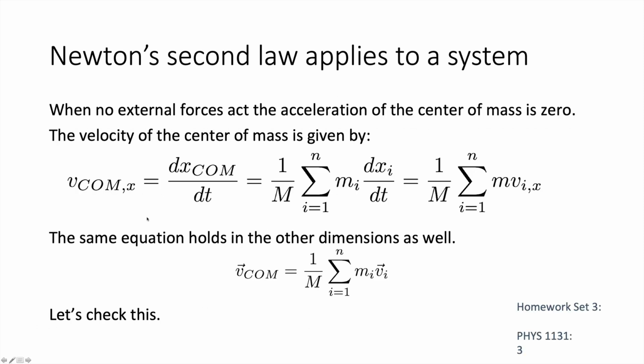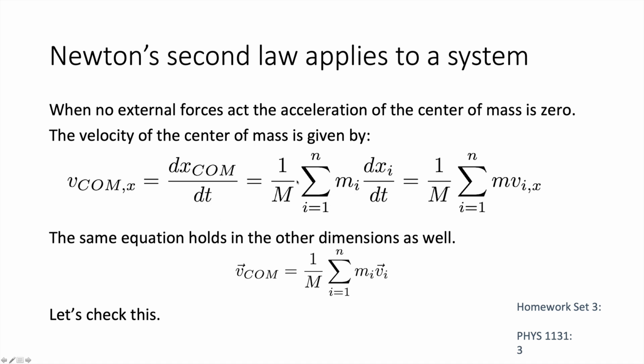Okay, so we said that when no external forces act, then the acceleration of the center of mass must be 0, which means the velocity of the center of mass must remain constant. We can calculate the velocity of the center of mass using this expression here. The velocity of the center of mass in the x direction is equal to the derivative of the x location of the center of mass with respect to time.